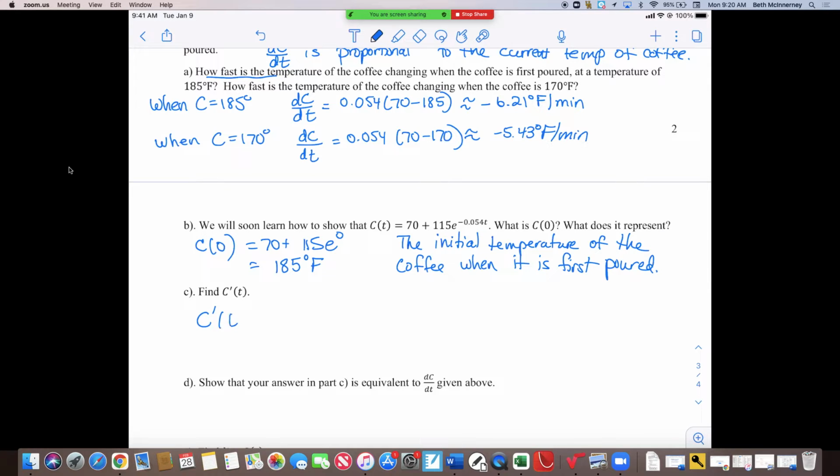So we know the derivative of a constant is what? 0. And then I'm going to have the derivative of e to the stuff times the derivative of the stuff. So I said that was about negative 6.21e to the negative 0.054t power.